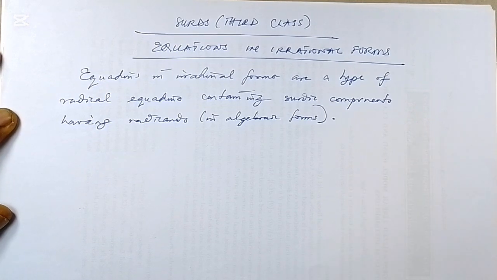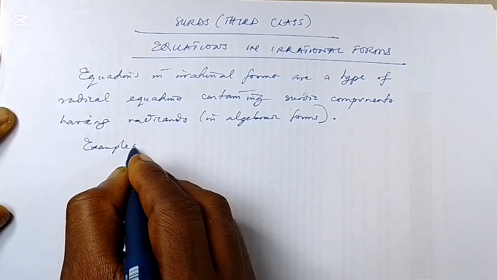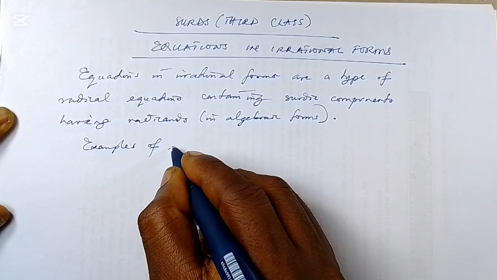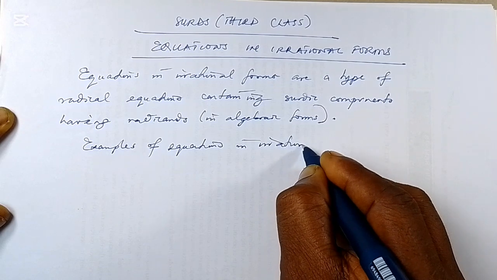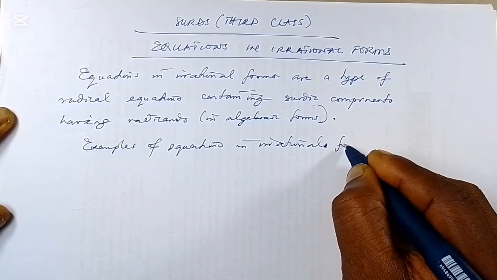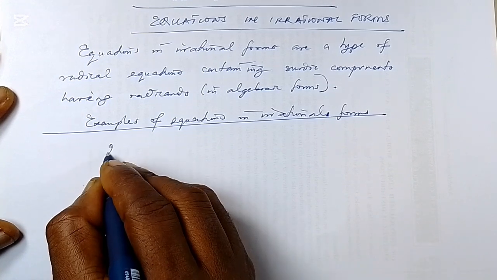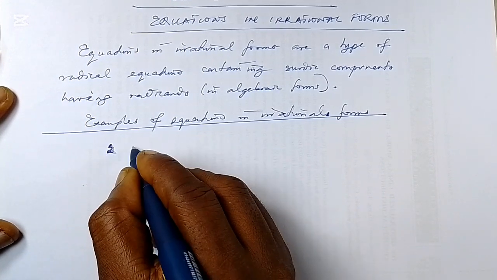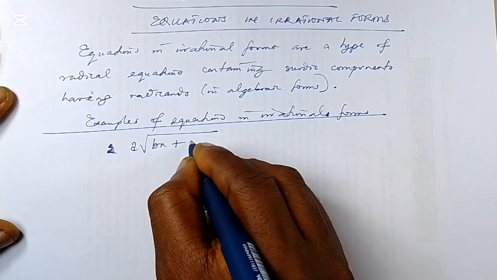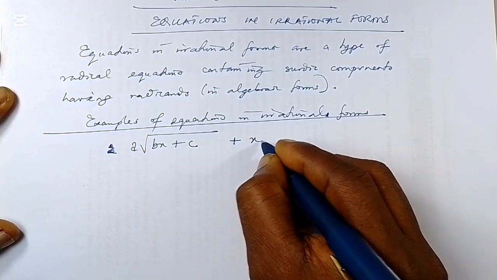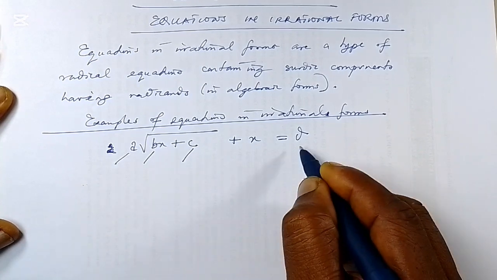For that reason, you could have examples of them as follows. Let's see how some of the examples appear. You could have an equation in this manner: a root bx plus c plus x equals d, where a, b, c, and d are constants.